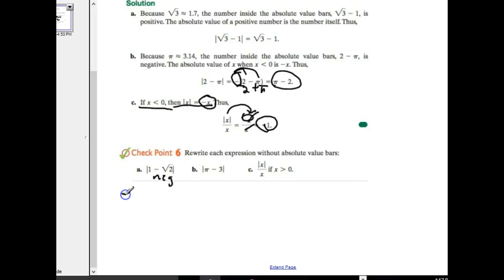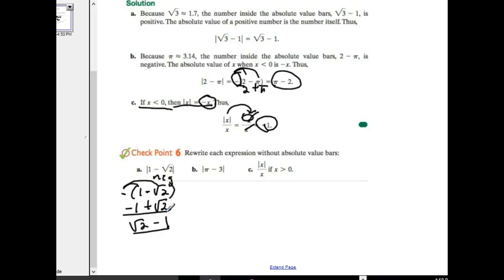I'm going to put a negative out here, and then I'm going to do 1 minus the square root of 2 in parentheses. Now, if I distribute that negative, I end up with negative 1 plus the square root of 2. I can write it that way, or I can write the square root of 2 minus 1. Either one of these is okay, but that's your final answer for that one.